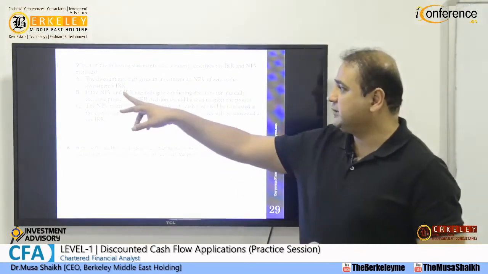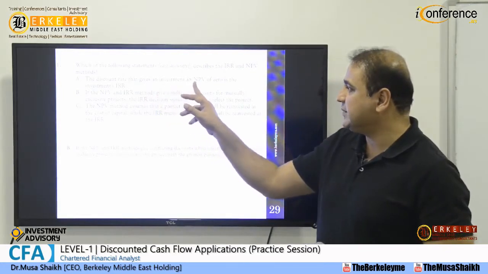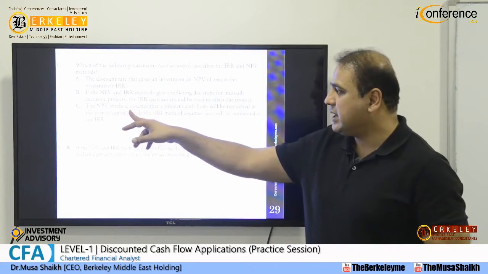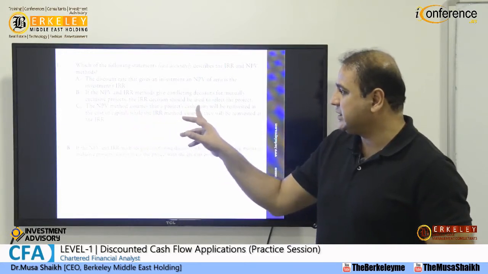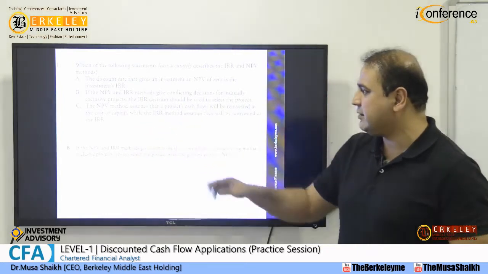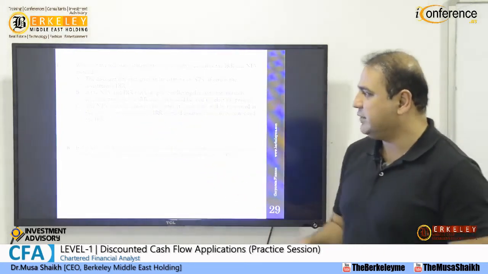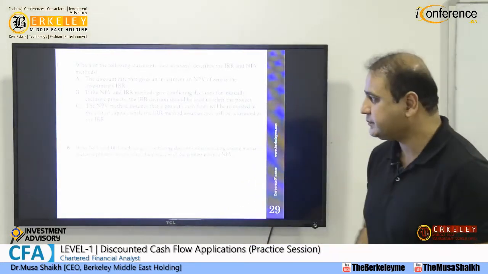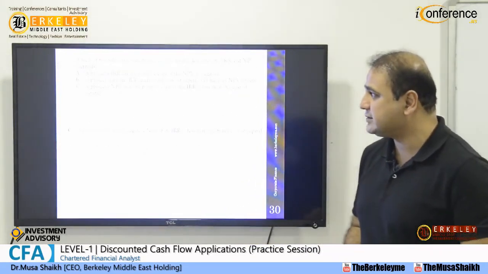You will see the other option, that a discount rate that gives an investment an NPV of 0 is the investment's IRR, it's okay. The NPV method assumes that project cash flows will be reinvested at the cost of capital, while the IRR method assumes they will be reinvested at the IRR. This is how it works. So B is the right answer.